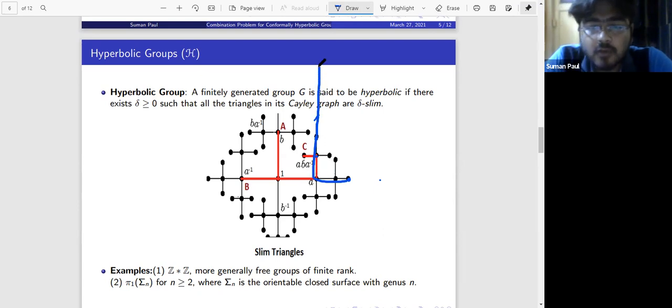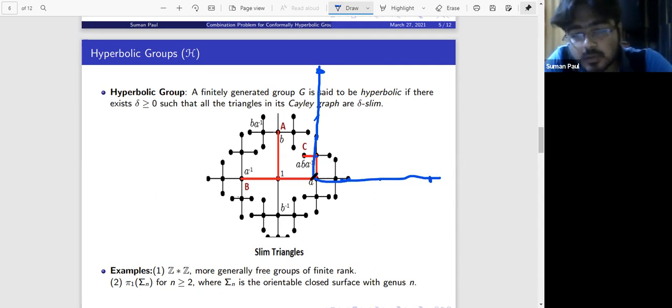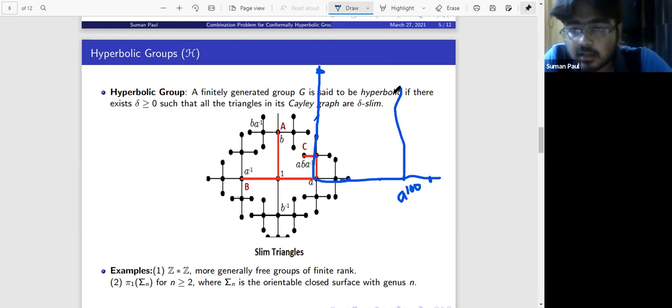Now take a point far away from this geodesic ray and far away from this geodesic ray. Then also the distance will be less than G of 1. Similarly, take here a to the power 100, say, and take this geodesic ray, then take any point here and any point here.